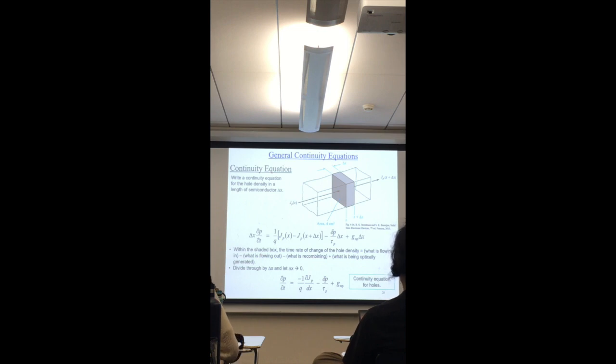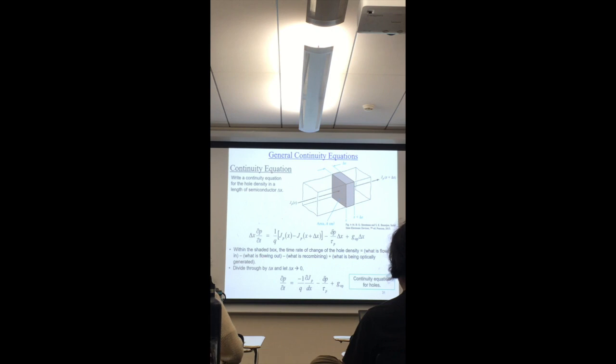We want to understand how this carrier concentration changes with time within this gray region. So we define partial p over partial t, within this thickness delta x. How does this carrier concentration change?